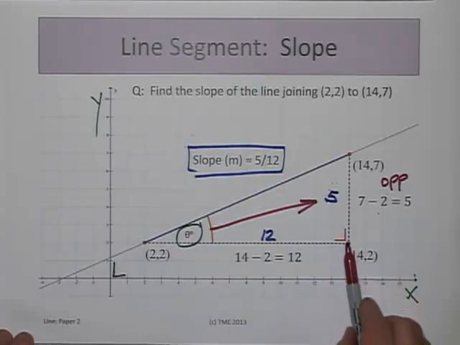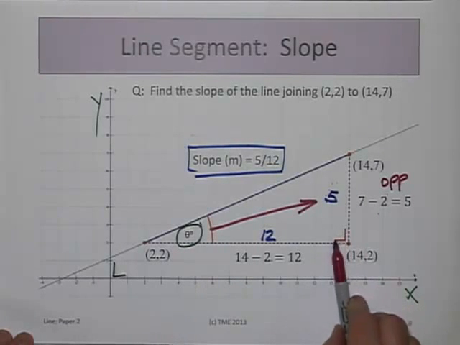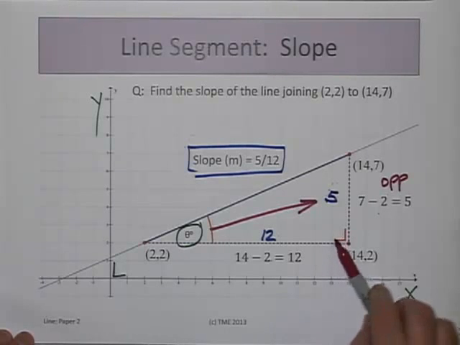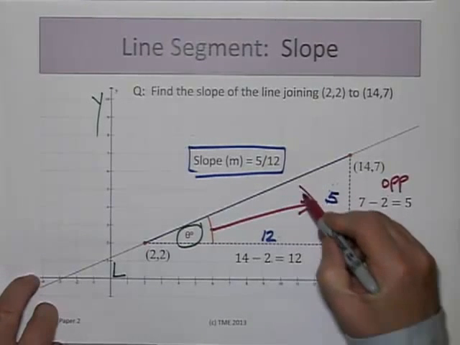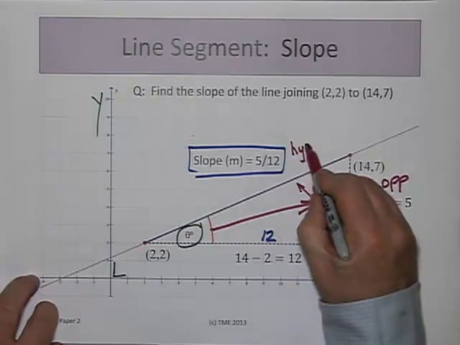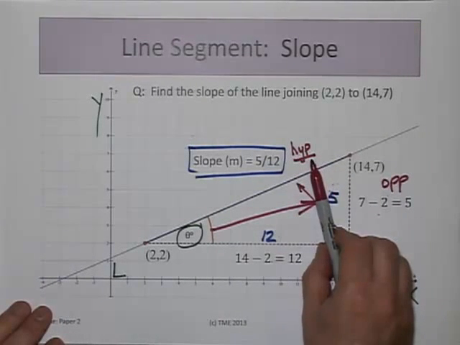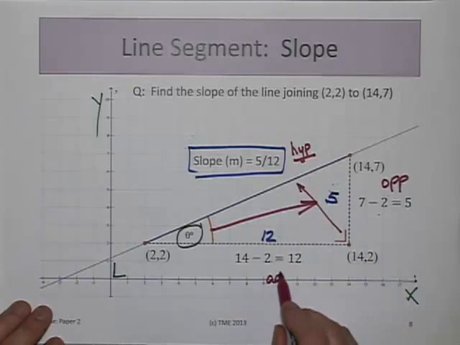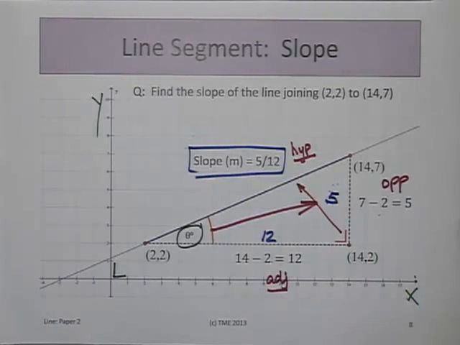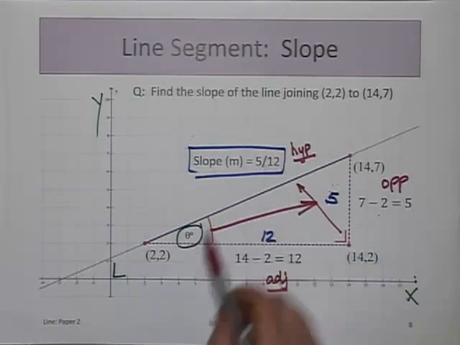You then say, well, this is the 90 degree, the biggest angle, and the one opposite it is going to be called the hypotenuse. And if the opposite and the hypotenuse are gone, you're left with the adjacent. So for this angle, if somebody said, what is the opposite over the adjacent? What is 5 over 12?